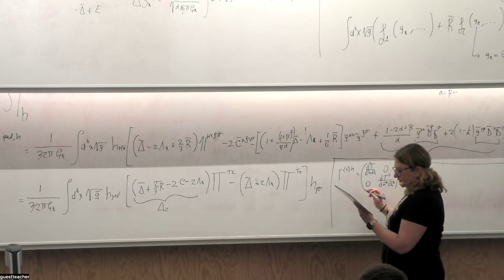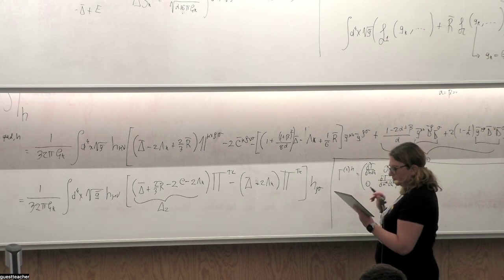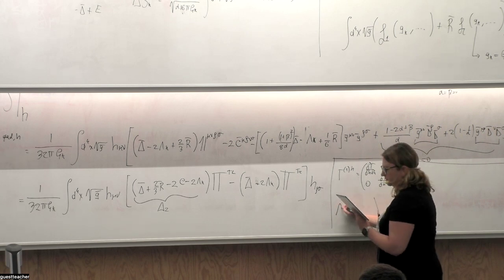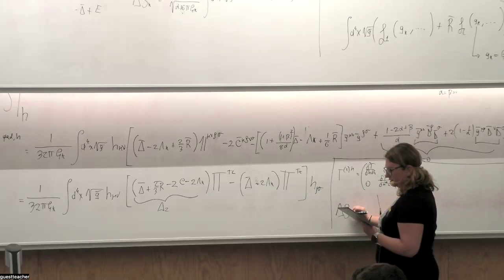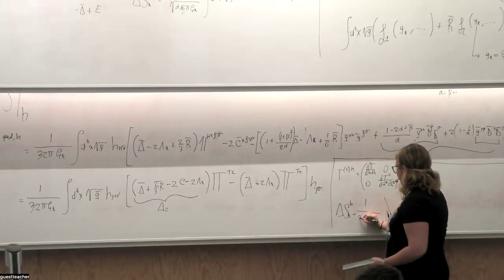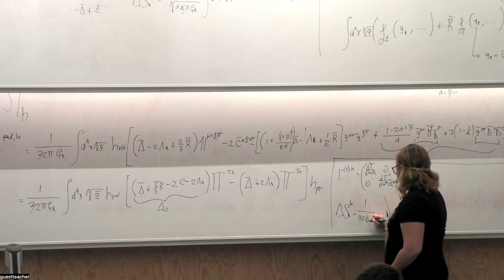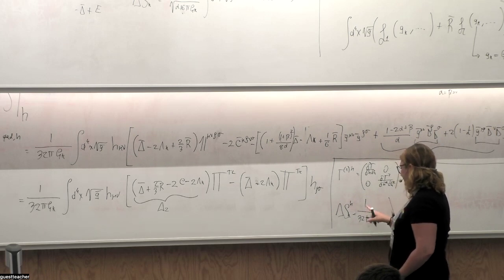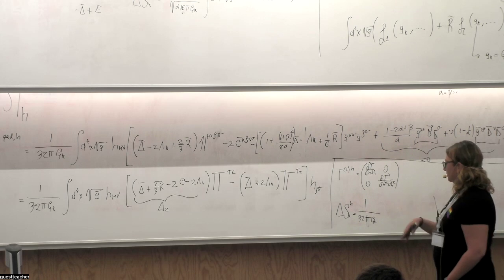In particular, as a regulator, now we can do the following. We have this Delta S_k for the graviton part, which is 1 over 32 pi G_k. Once again, we use the same prefactor such that things cancel out.